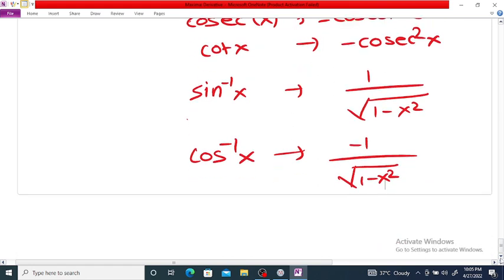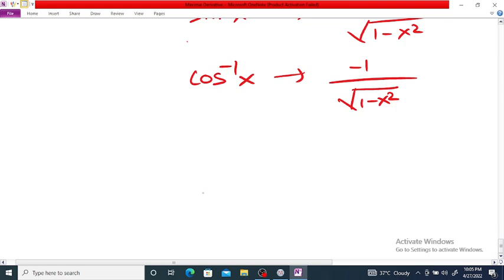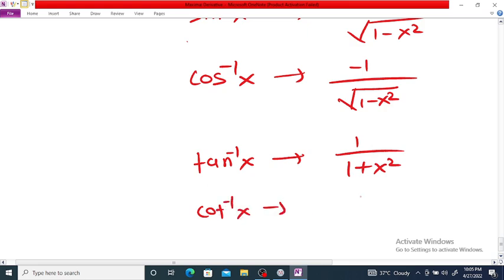Next, tan inverse x is equal to 1 divided by 1 plus x square. Similarly, for cot inverse x, it is equal to minus 1 divided by 1 plus x square.